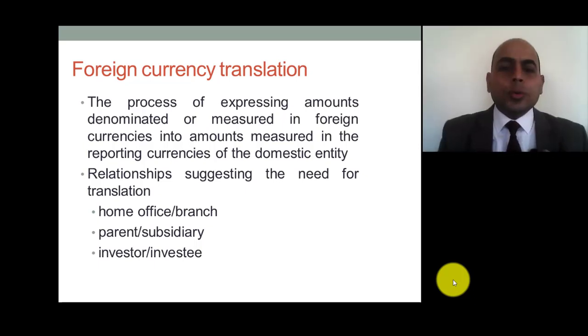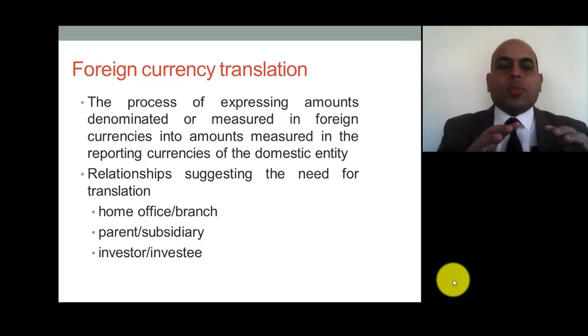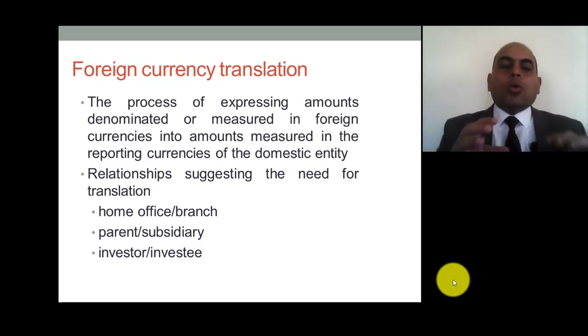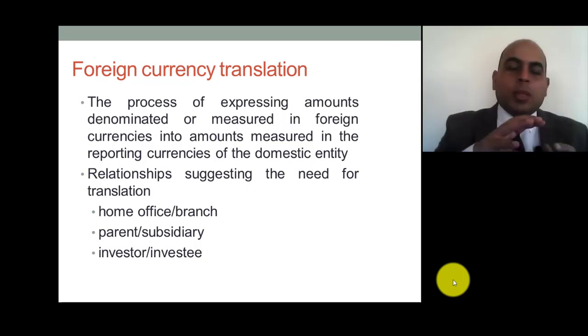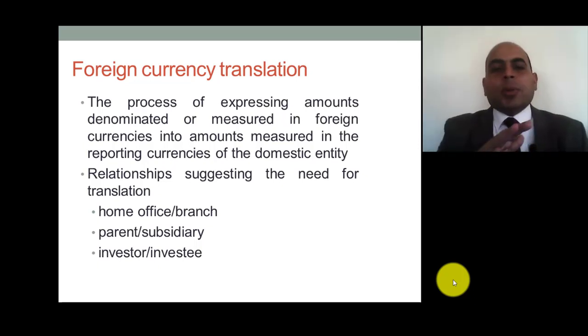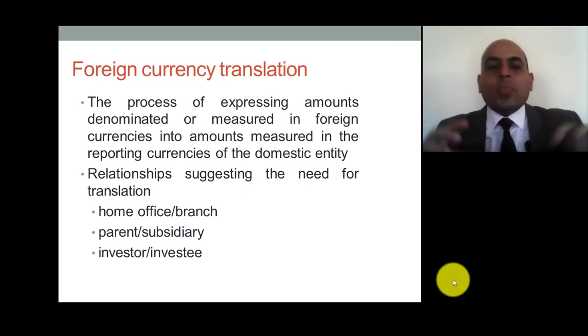We have to change the expression of the financial statement from Egyptian pounds to Jordanian dinar, converting the financial statement prepared in Egyptian pounds to express it in Jordanian dinar.